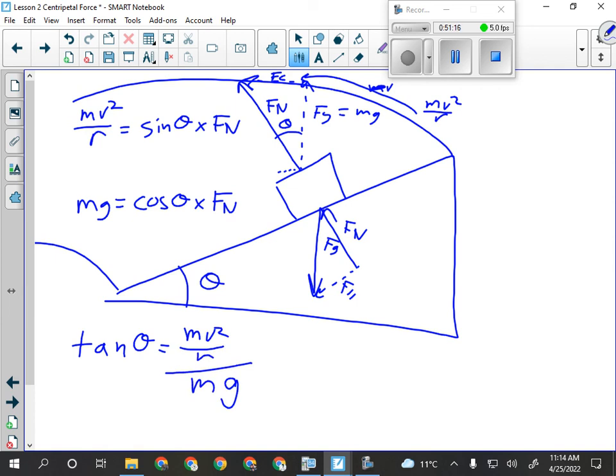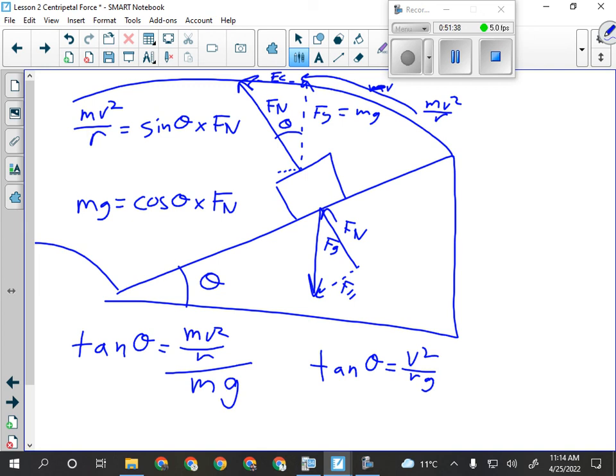What happens to the m's? They cancel, and what I get left with is this. What does that mean for mass for a banked corner?